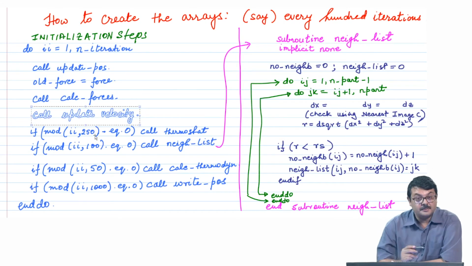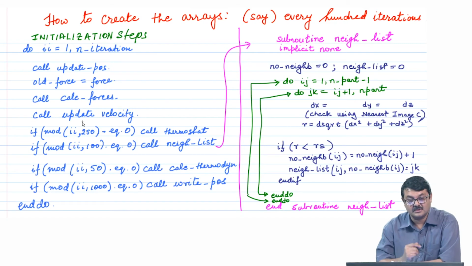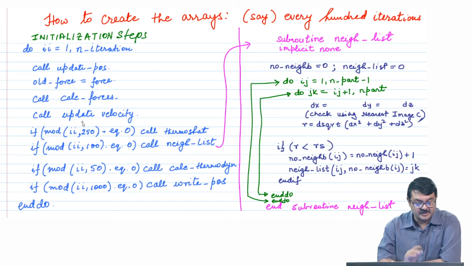Then suppose you want to call the thermostat, right. Suppose every 250 iterations; you can call it every 100 iterations or 50 iterations, but just for the sake of it, suppose you want to call the thermostat every 250 iterations.